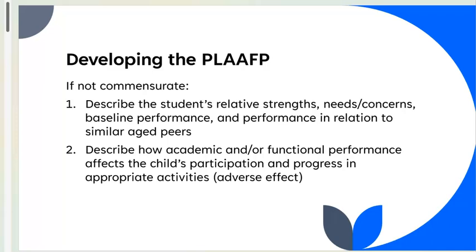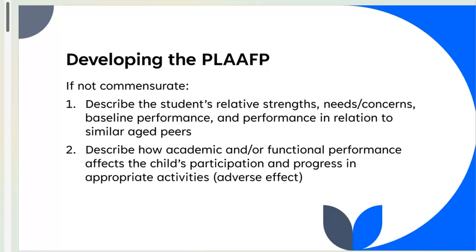And then you want to describe, you always must have a statement of adverse effect. So you have to describe how that academic or functional performance is impacting the student's participation in general education activities. This is a requirement in order for a student to have an individualized education program, because you have to show that the delay or disability is impacting that performance as related to same age peers.